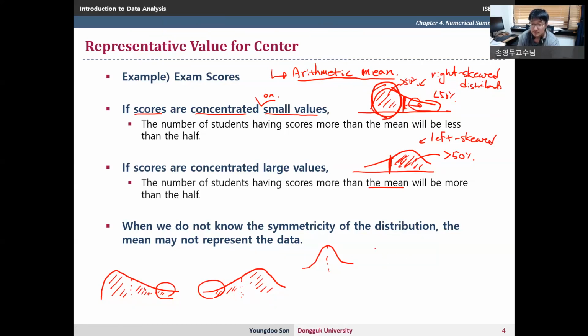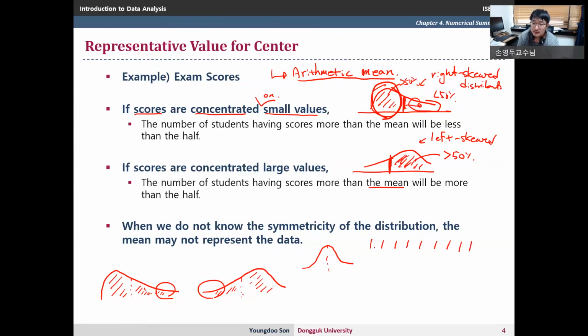For an extreme example, we have some data distribution. We have 9 ones. 1, 2, 3, 4, 5, 6, 7, 8, 9.